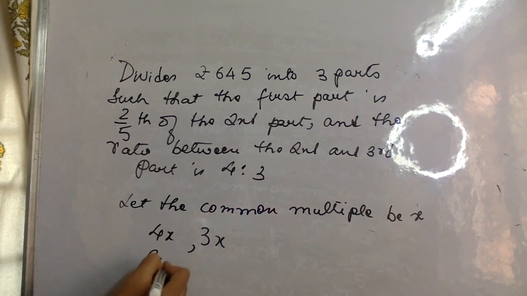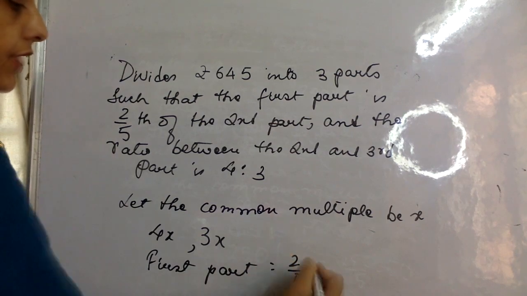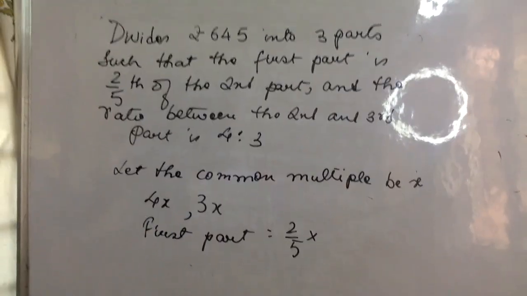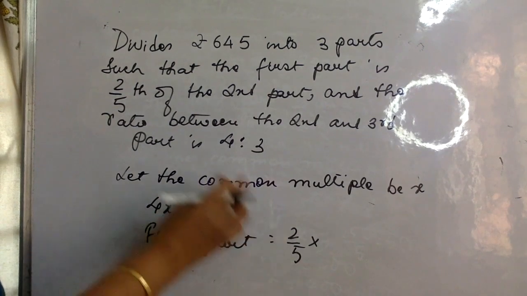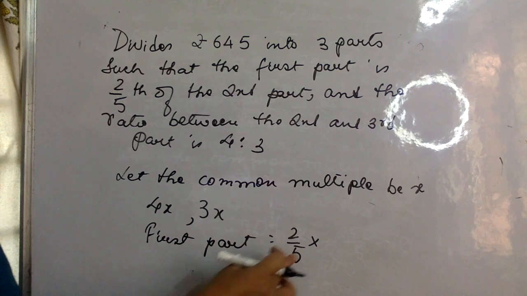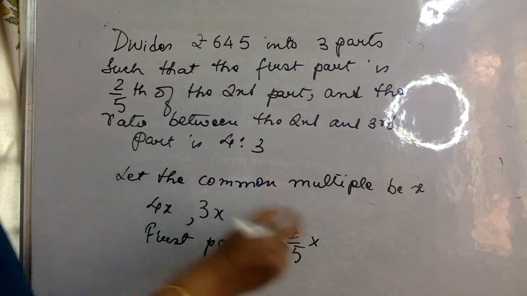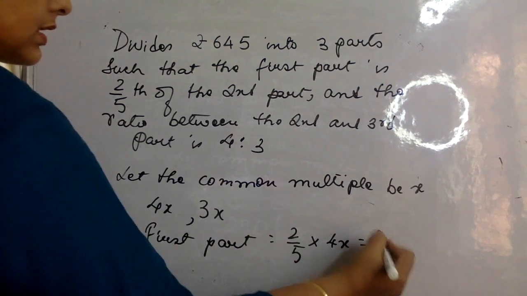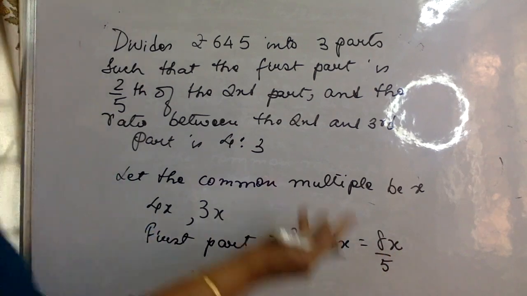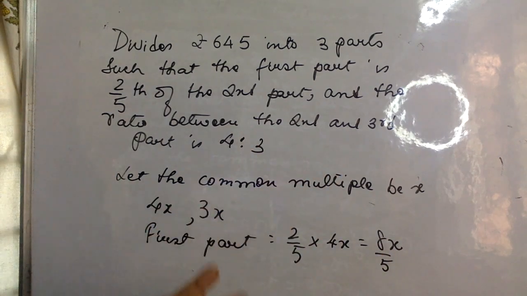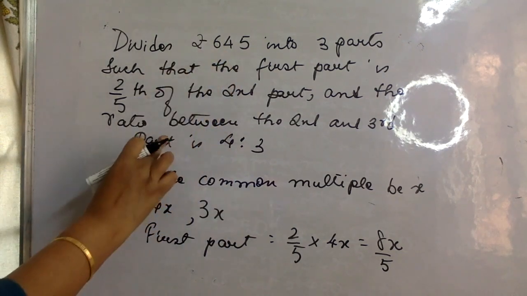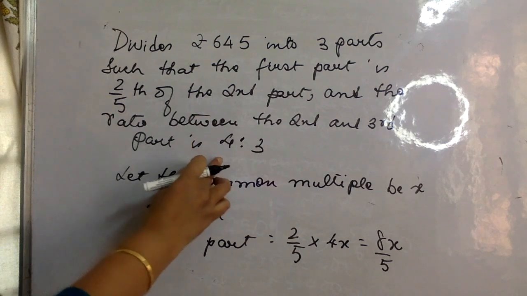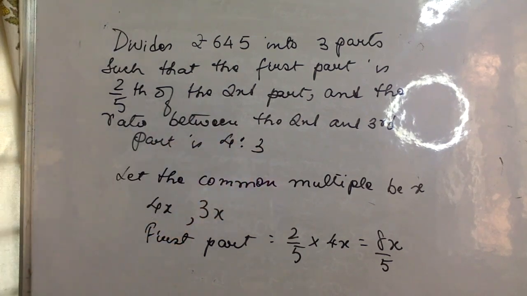So the first part is equal to 2 by 5 of the second part, which is 8x by 5. Everything is algebraic only. As of now I don't have any numbers. The total number is 645 and the ratio between the second and third is 4:3.